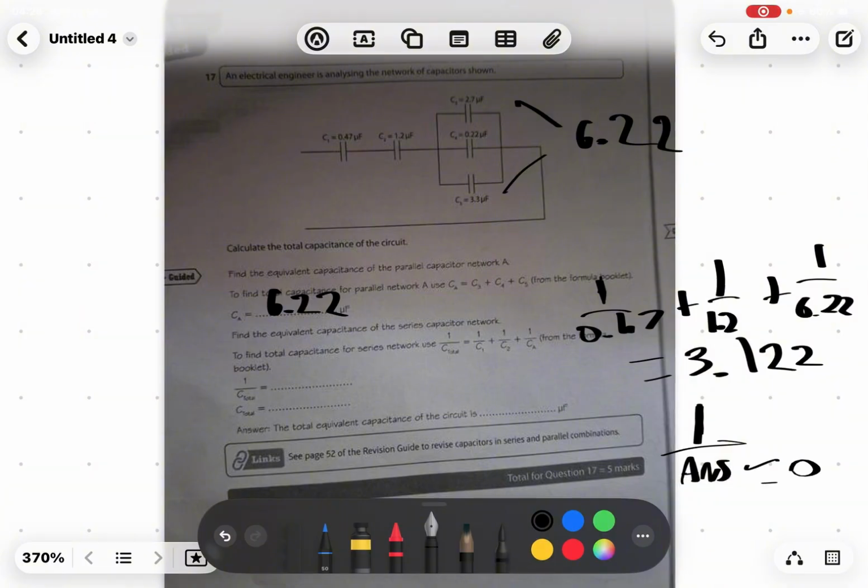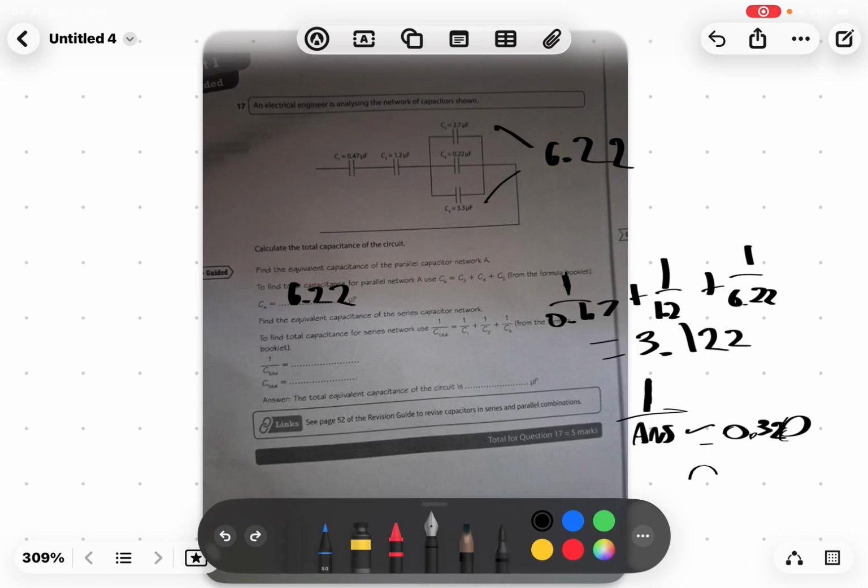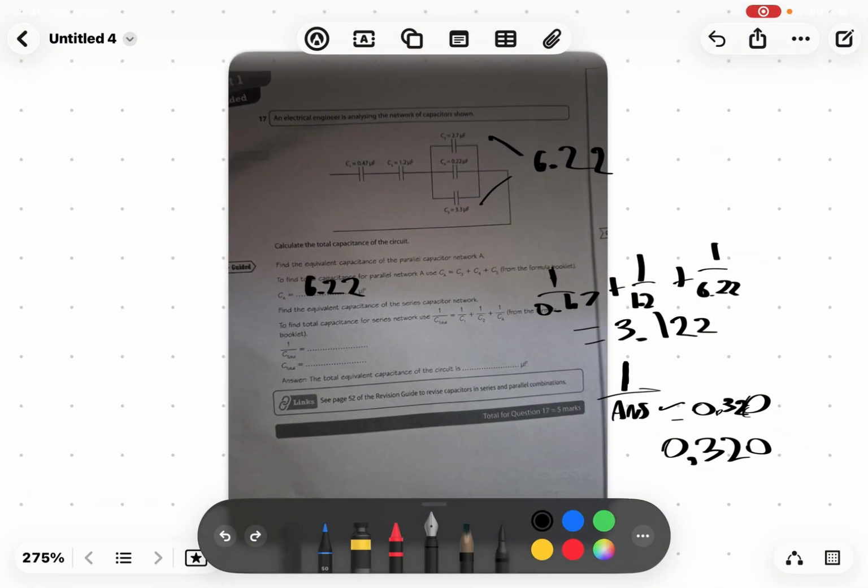And the answer is 0.320. This is the answer to the total capacitance. Yeah. And it will be in microfarads.